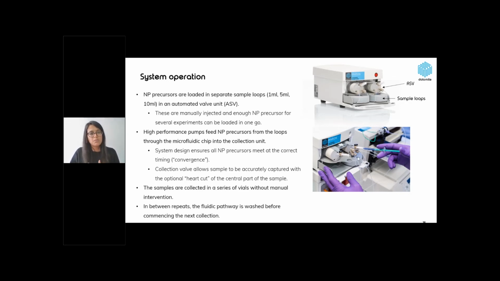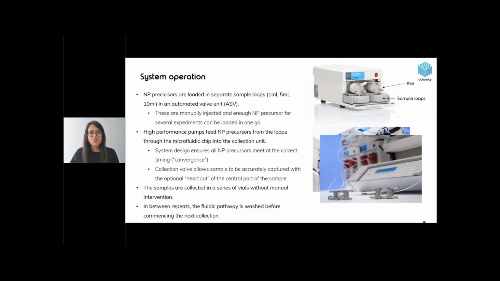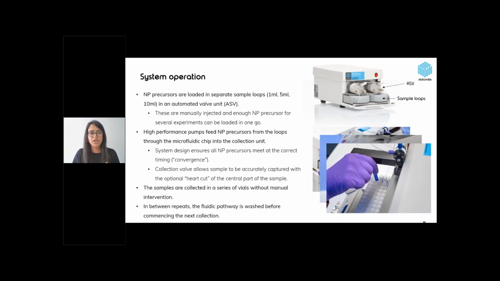So the high performance pumps feed nanoparticle precursors from the loops through the microfluidic chips into the collection unit. The system is designed to ensure all nanoparticle precursors meet at the correct time. So your ASV is releasing your sample from sample loop 1 and 2 at the correct timing.